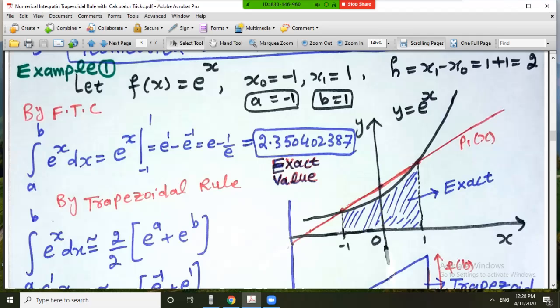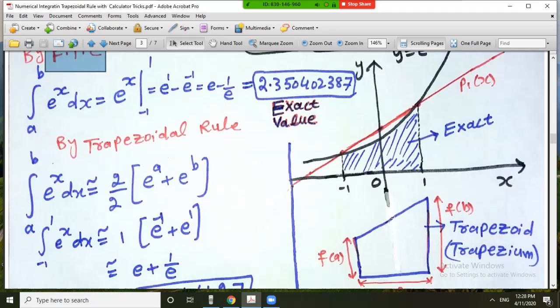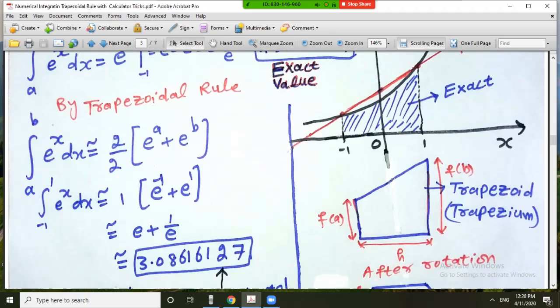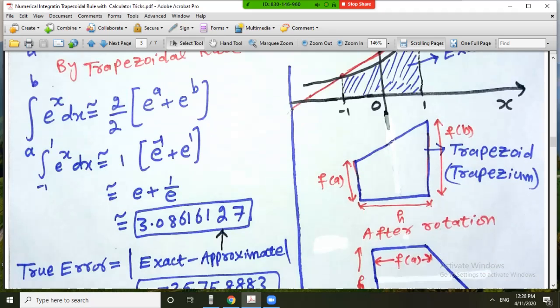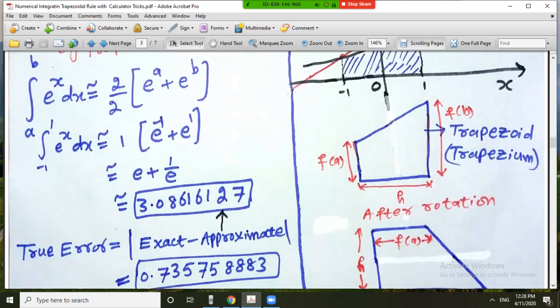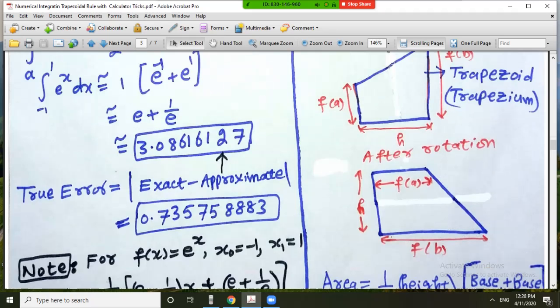For the integral of e power x from -1 to 1, we can use the fundamental theorem of calculus, and we have e minus 1 over e. So this is the exact value. By trapezoidal rule, we use h by 2 times f of a plus f of b. The function is e power x, so we have e power a plus e power b, and so we have e plus 1 over e. Here the error is seen.